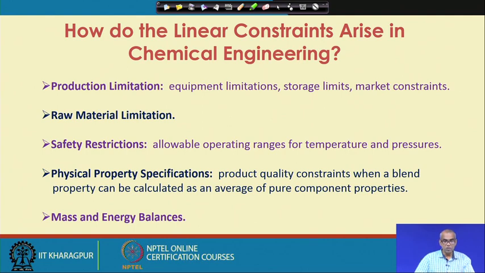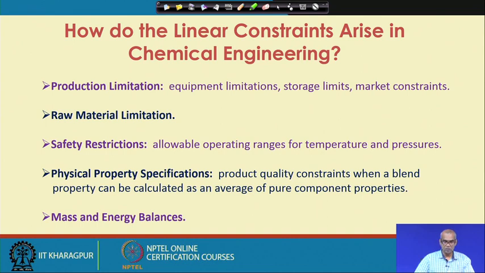In case of safety restrictions, your operating temperature or pressure cannot exceed an allowable value. Physical property specifications: imagine you are blending two liquid streams and you know the physical properties of these pure component streams.